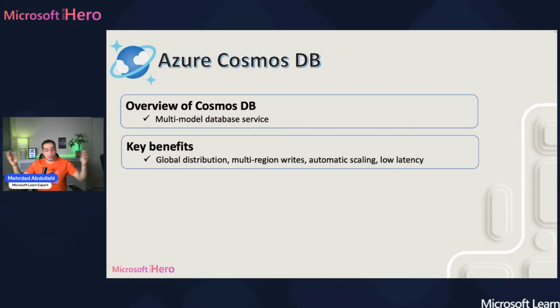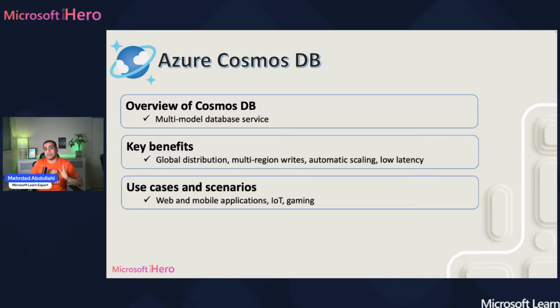It is providing this opportunity for writing the data in different regions, and you're gonna have a distributed system of your Cosmos DB, and it is auto scaling and with low latency. And the use cases will be web applications or mobile applications, where speed is important.